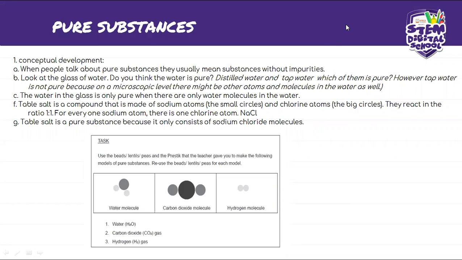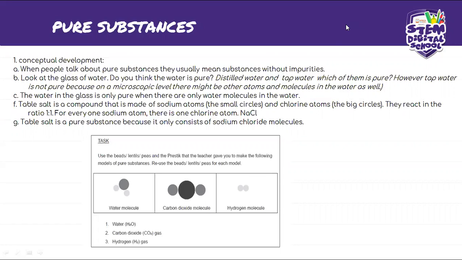Someone said sometimes they put chemicals in the tap water to make it clean. Yes, you are right. Even because of that, it's not pure. The chemicals they put there are to kill the microorganisms, so that when you drink it, you don't become sick. So sometimes they will have to chlorinate it.